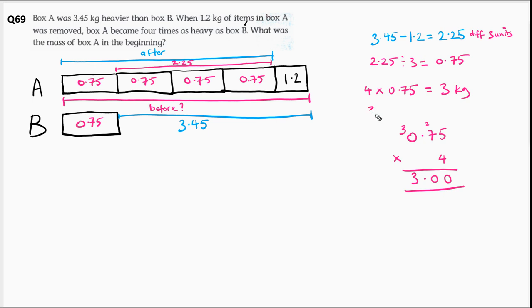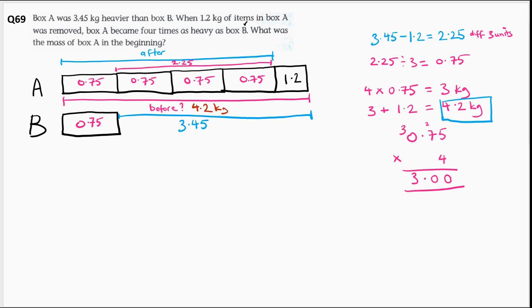So we're going to have 3 plus 1.2 equals 4.2 kilograms, which is, ta-da, our final answer. Before was 4.2 kilograms.